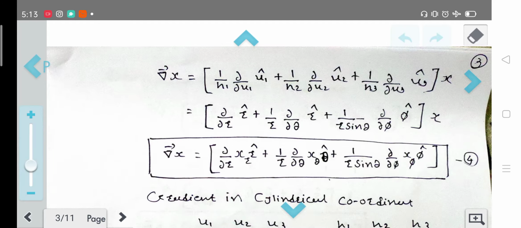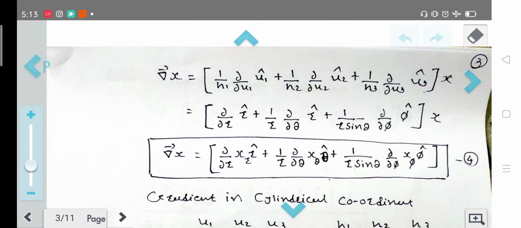So let's put the value of h1 h2 and h3 in this equation. So we will get del by del r cap plus 1 upon r del by del theta cap plus 1 upon r sine theta del by del phi cap, and here we have this scalar quantity.